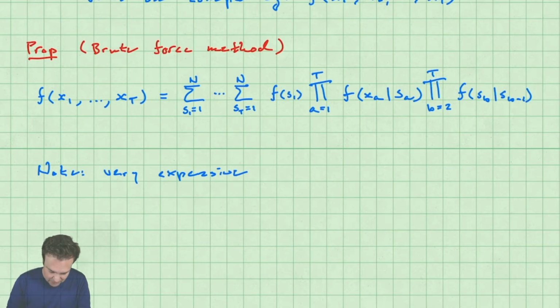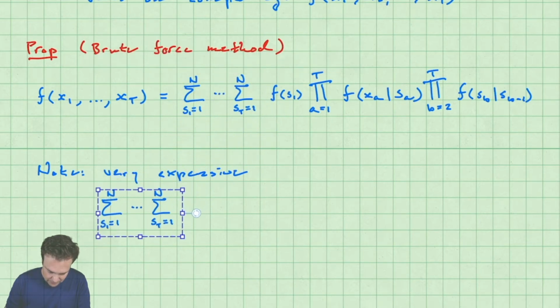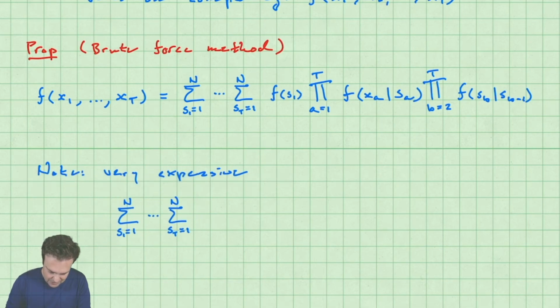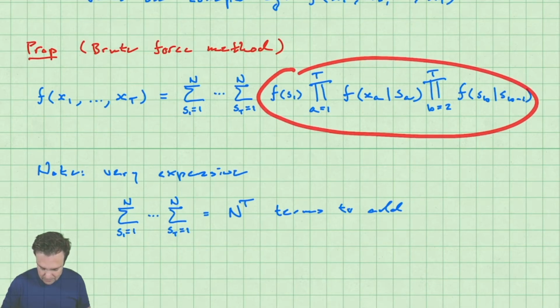So think about what's going on here. So this piece here, all these sums, right? Each sum has capital N terms, and there are capital T of these. And so this is capital N to the T terms to add. All right, so that's already pretty big. And if you look in detail at this piece, what do you see?